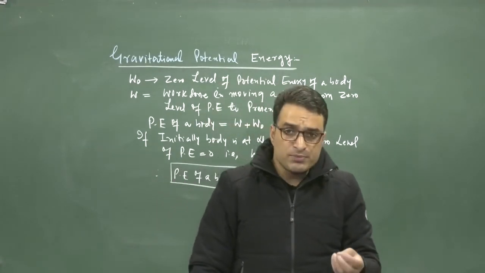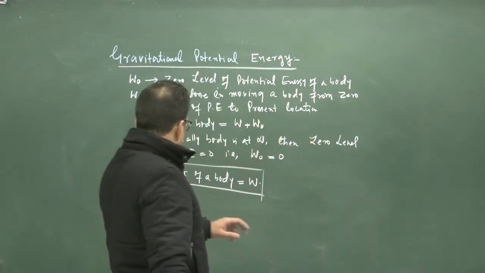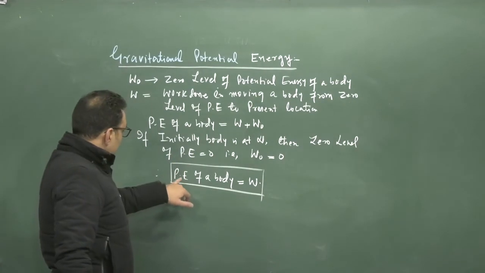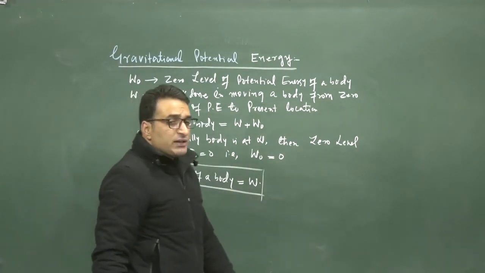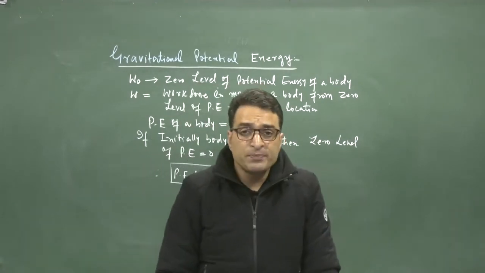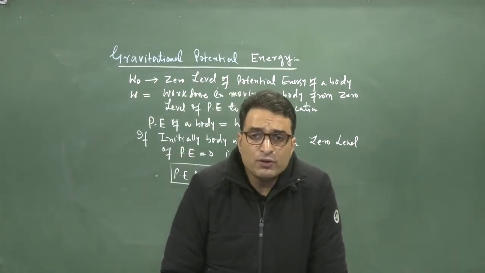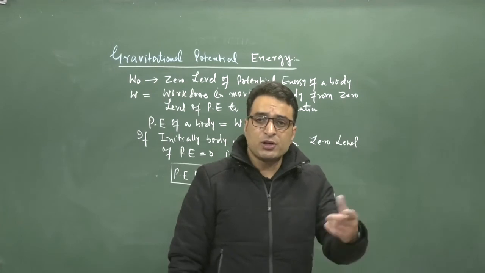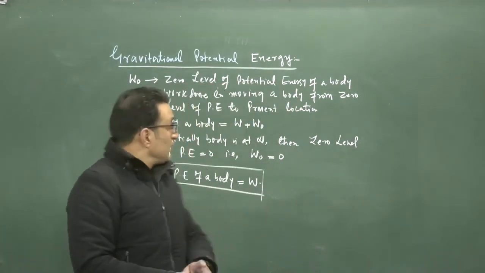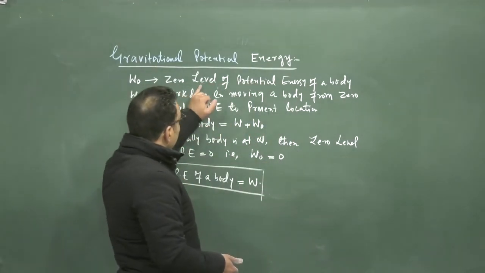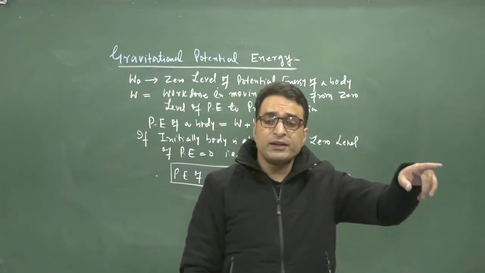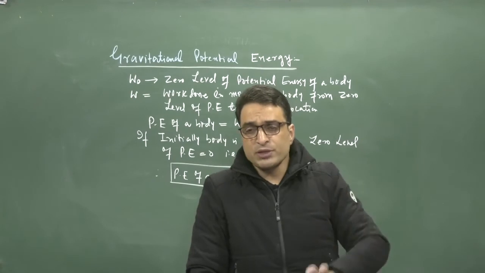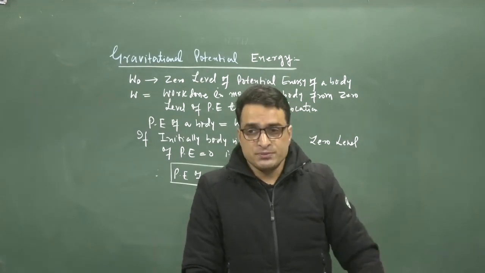Let that mass be small m. Now, the gravitational potential energy of a body is equal to W. That means it is defined as the amount of work done in bringing a body of the given mass, small m, from the level of zero potential energy, which is taken as infinity, to the given point.